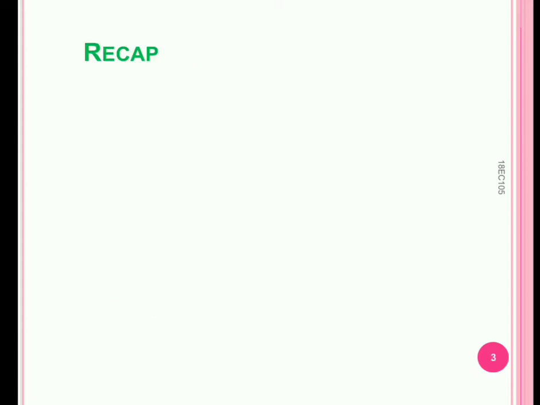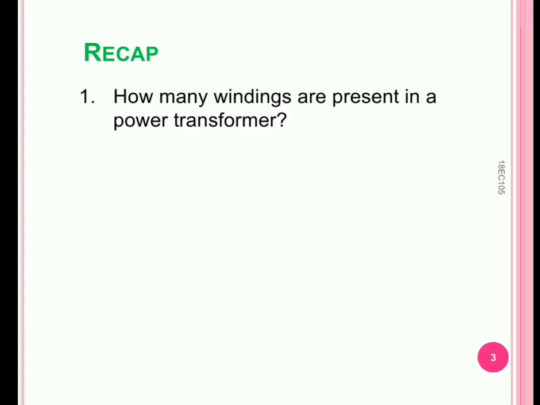If we try to recap the topics we have discussed previously relevant to our present session: how many windings are present in a power transformer? Do you remember how many? It has only two windings, the primary and the secondary winding.